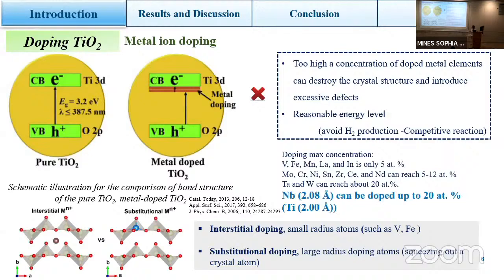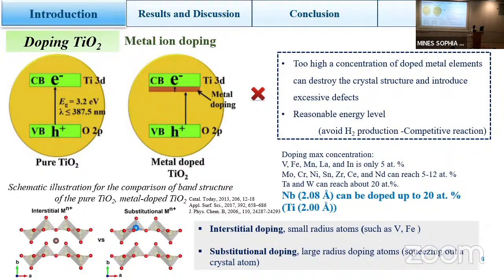However, we have to mind that too high a concentration of doping metal can destroy the crystal structure of TiO2, introducing unnecessary defects that are not good for the photoreaction.